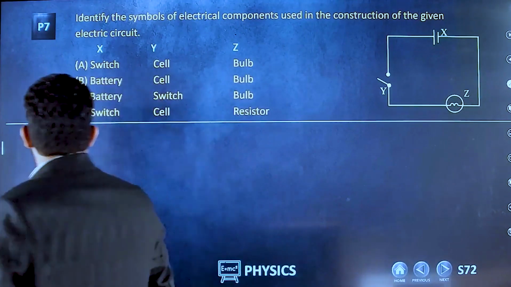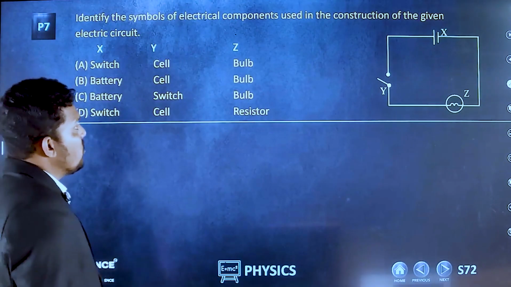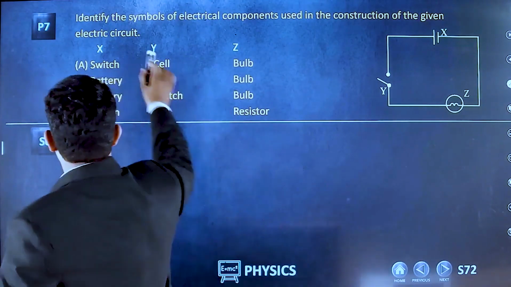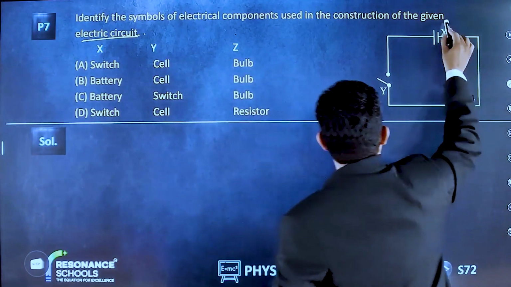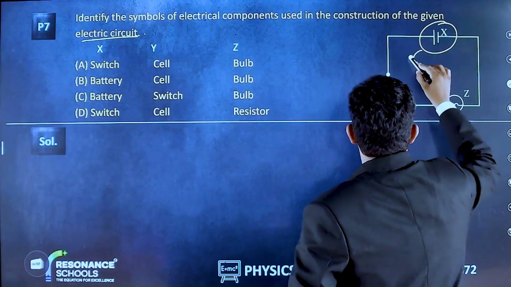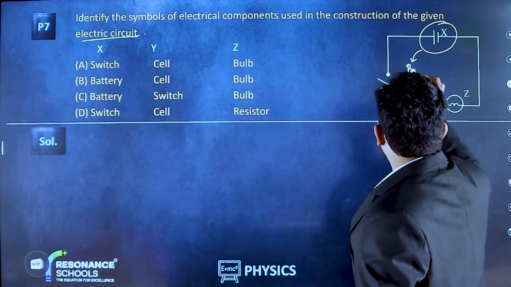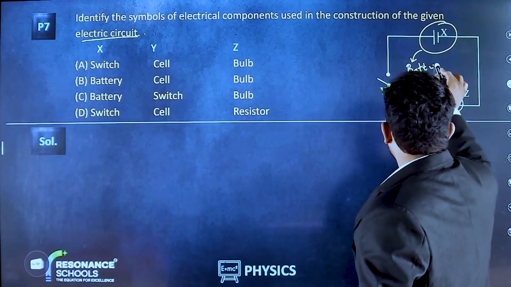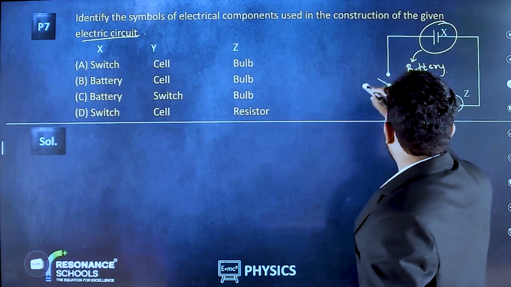So with this case, identify the symbols of electrical components used in the construction of the given electrical circuit. Basically, X is nothing but your battery. Then Y is nothing but your cell.